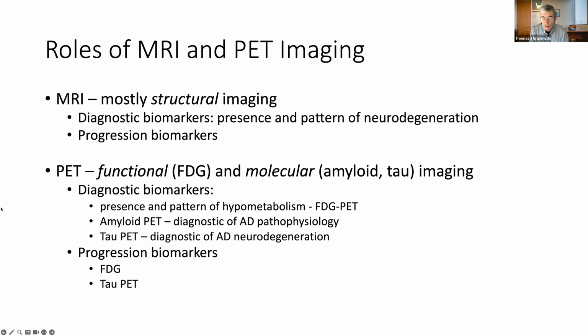And then there are pretty molecularly specific ligands that bind amyloid species or paired helical filament tau, and are useful more specifically for diagnosing Alzheimer's disease and its distribution in the brain.